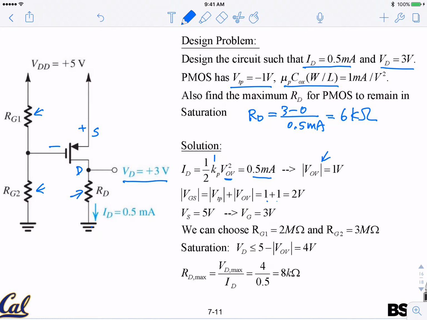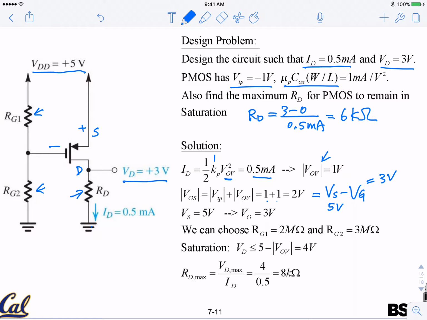Looking at my circuit symbol, this is Vs minus Vg, that's 2 volt. Vs is connected to the top, which we still call VDD, even though now it's actually connected to the source. So this is 5 volt, and we know Vg is at 3 volt.